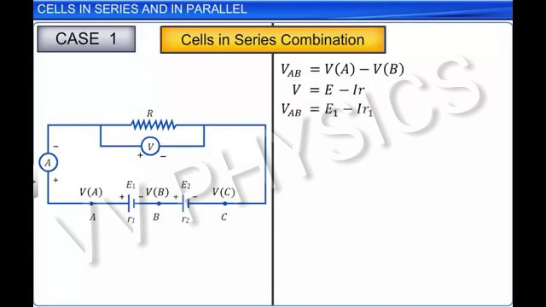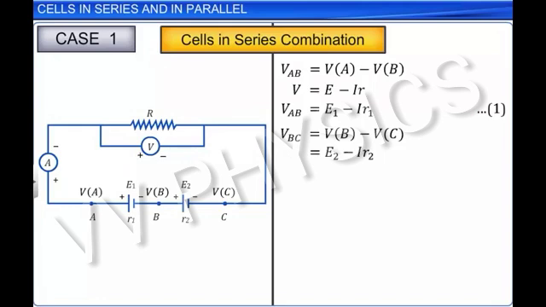Let this be equation 1. Similarly, for the second cell, we can write VBC is equal to VB minus VC is equal to E2 minus I into R2. Let this be equation 2.